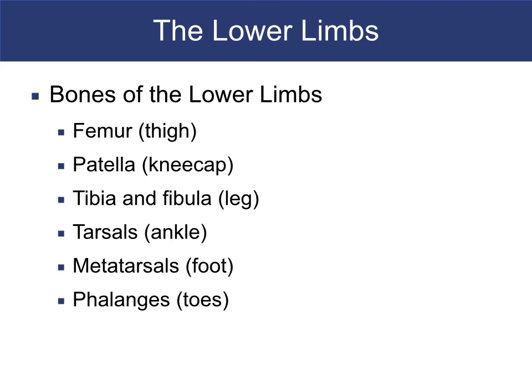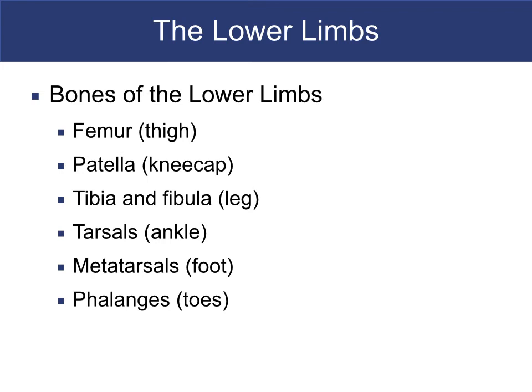We have a series of tarsal bones. The tarsal bones are equivalent to the carpal bones up here in the wrist. They don't look anything like the carpal bones, let me tell you. And you will need to know them because you need to know how they interact together. Metatarsals are the foot bones, and then the phalanges are the toes.